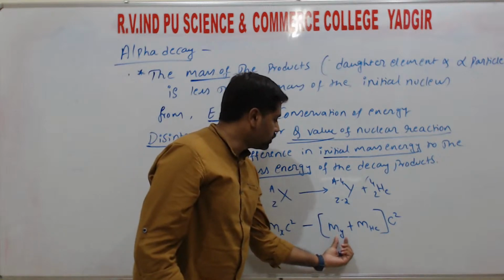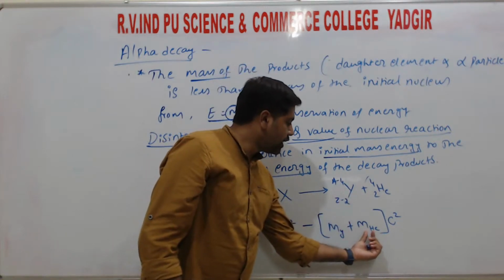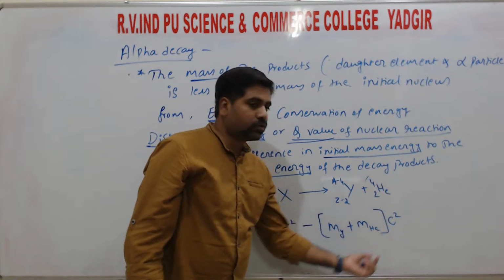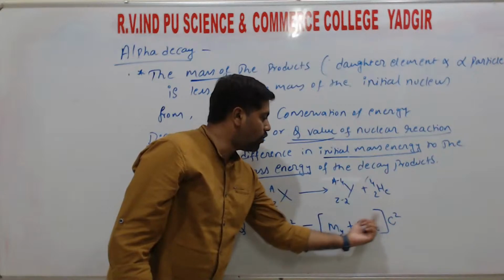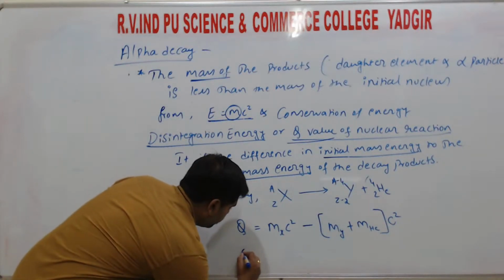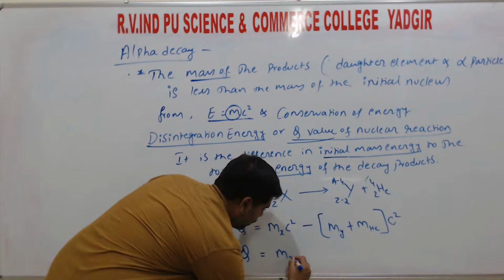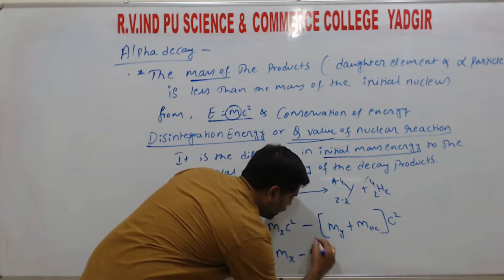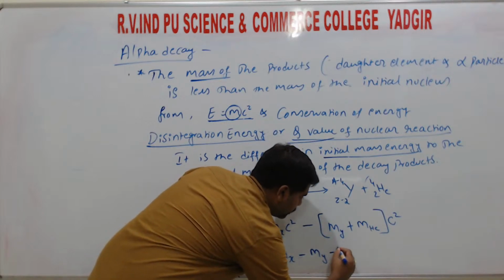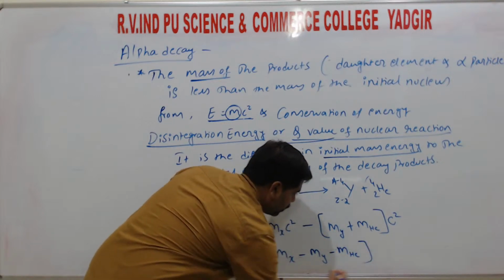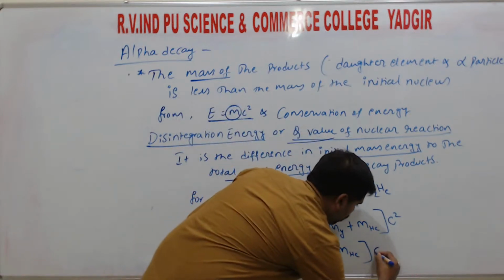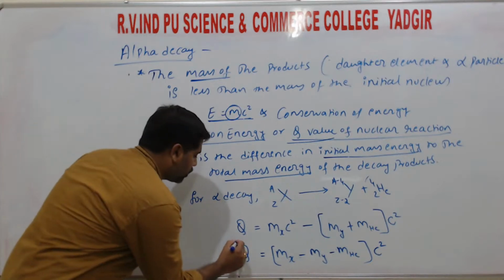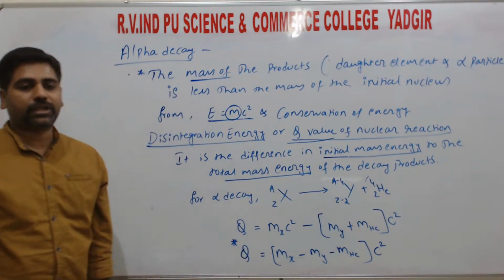So this gives the mass of the daughter nuclei and mHe gives the mass of helium, that is the alpha particle, into c square, right? If you observe, in these two we have a common term, that is c square, right? So that can be written as Q is equal to mx minus my minus mHe, and we take c square common. So this is the relation for the disintegration energy, right?